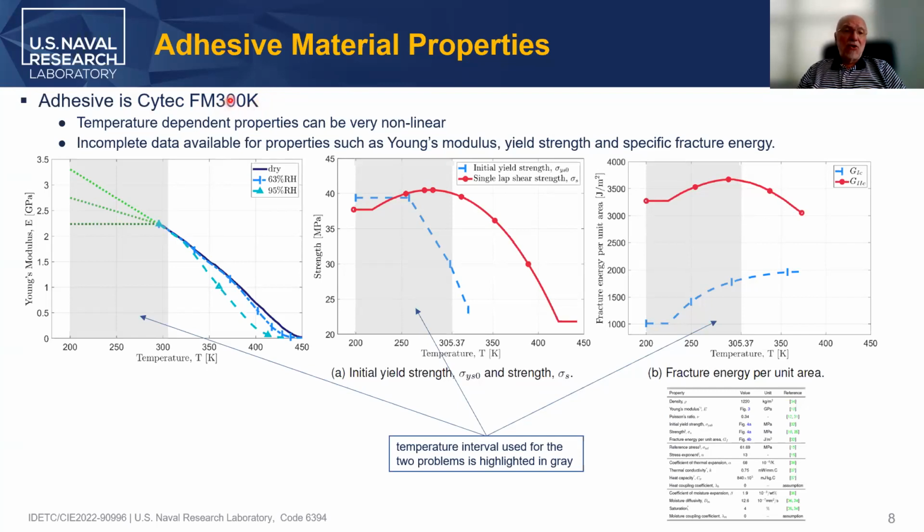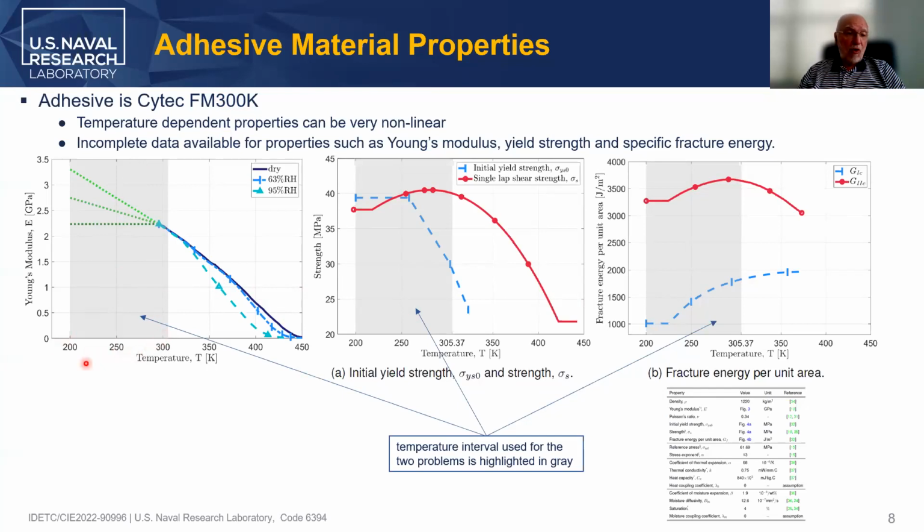So the properties can have very nonlinear dependence on temperature, as you can see here. I highlighted with this gray area the temperature range that we are interested in, which maps to the operational envelope of what a fighter sees when it goes from the ground up and it cools down.